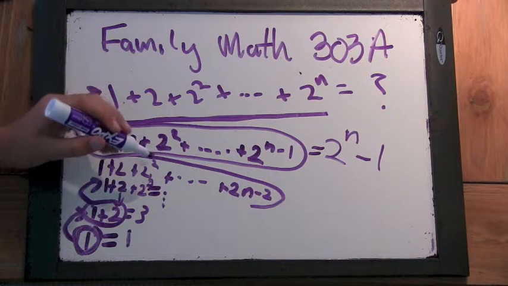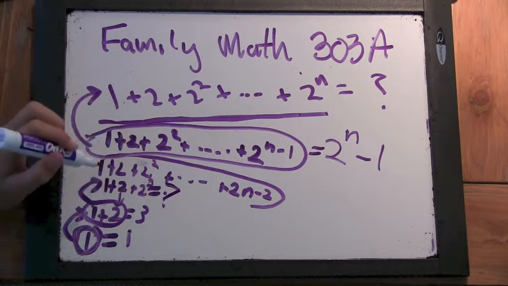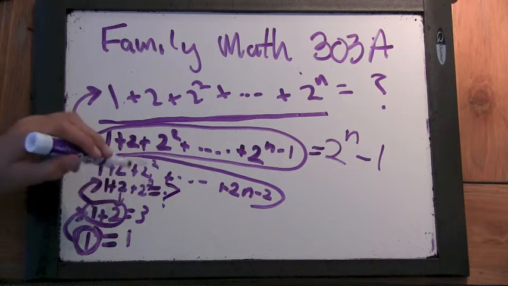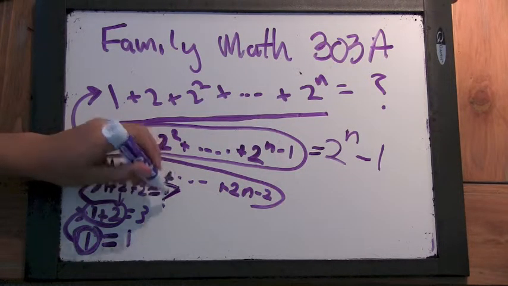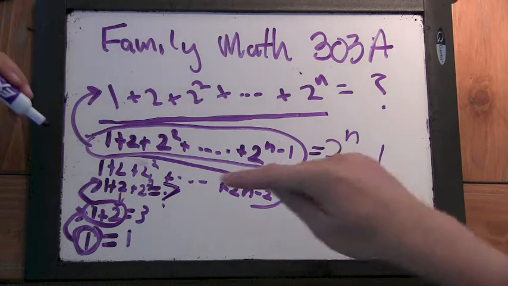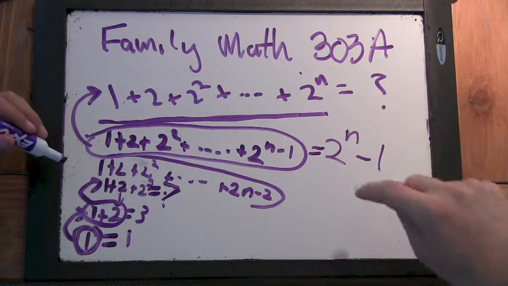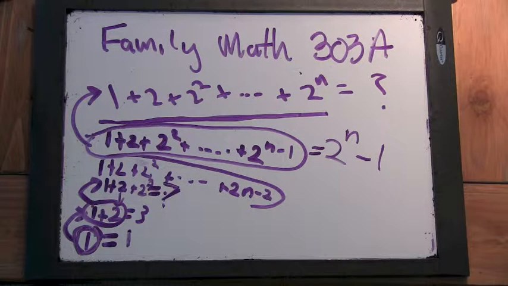So that means it should be 7. And is it? Yes, it is. All right. Great. So your formula, 1 plus 2 squared plus all the way up to 2 to the n minus 1 equals 2 to the n minus 1 seems to hold true.